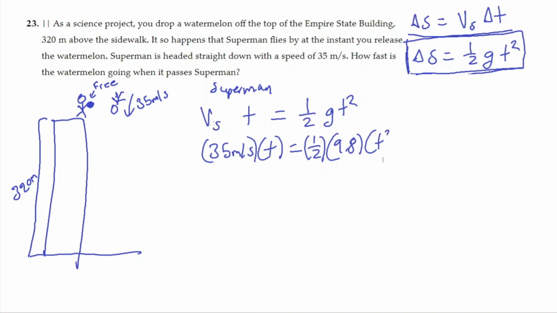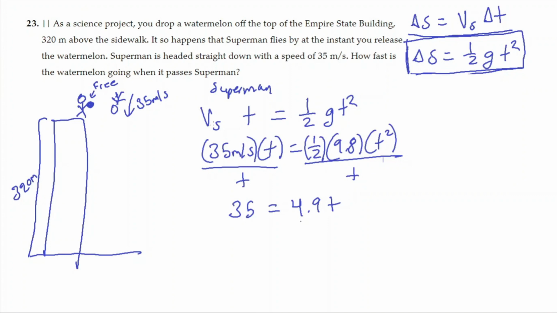And t squared, we do not know that. So now we have a t squared and a t on both sides. What can we do to leave only one t? We can divide by t on both sides. That gets rid of some problems here. So we'll have 35 on the left side, and then 1 half times 9.8 is going to be 4.9, and t squared divided by t is just going to be t.